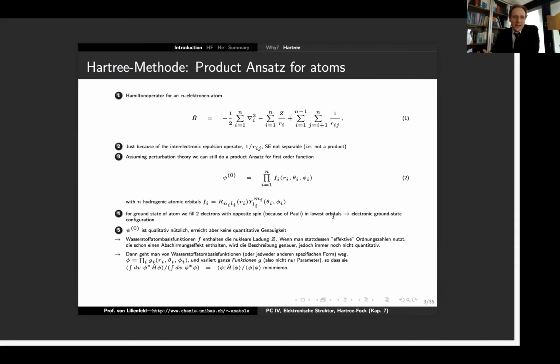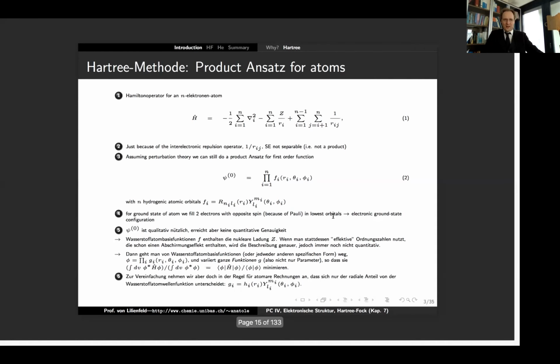So you can also go beyond just these hydrogenic wave functions and plug in whatever function you wish, let's say thousands of Gaussian functions and so on, and you modulate their shape such that you minimize according to the variational principle.